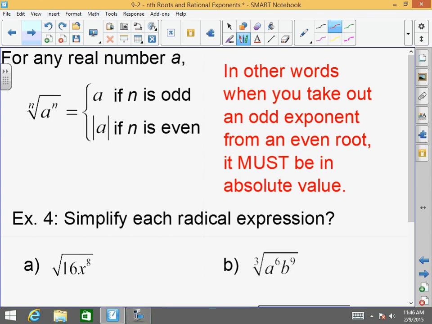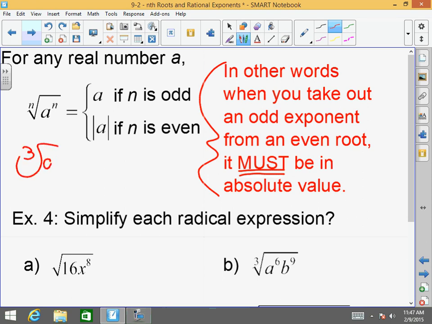Now, for any real number a, the nth root of a to the n power will equal a if n is odd, and it will equal the absolute value of a if n is even. Again, I'm repeating myself here, but I want to make sure you get this. In other words, when you take out an odd exponent from an even root, it must be an absolute value, period.